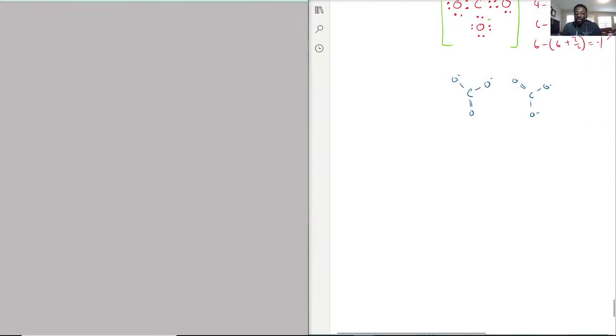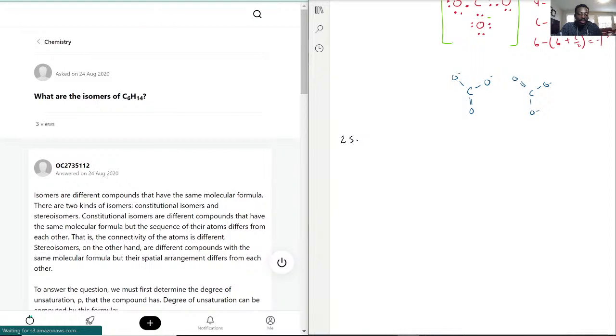So question 25 now. What are the isomers of C6H14? That's a very loaded question. We can't really have a constitutional isomer. We can have structural isomers, because they can have the carbons set up in different parts.